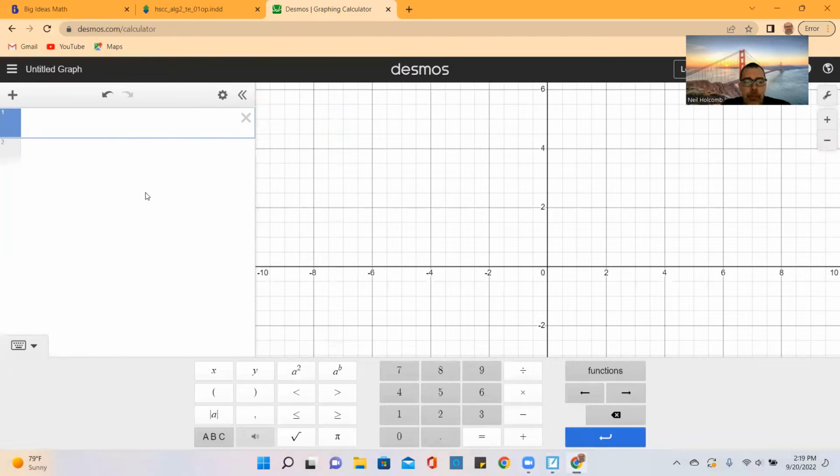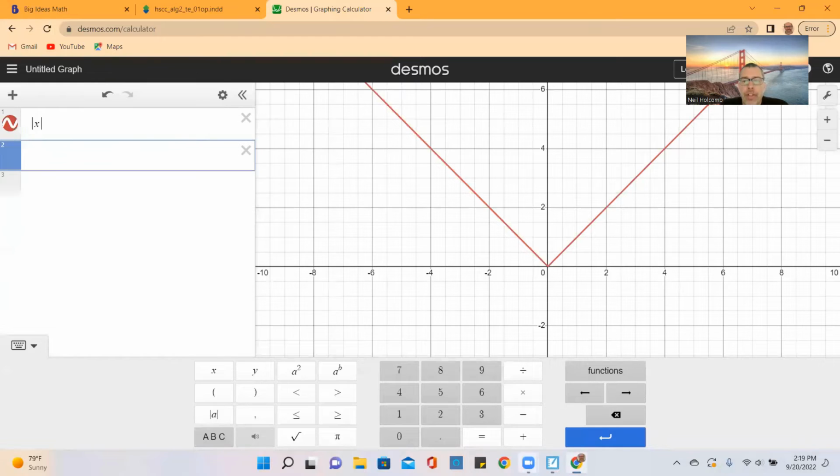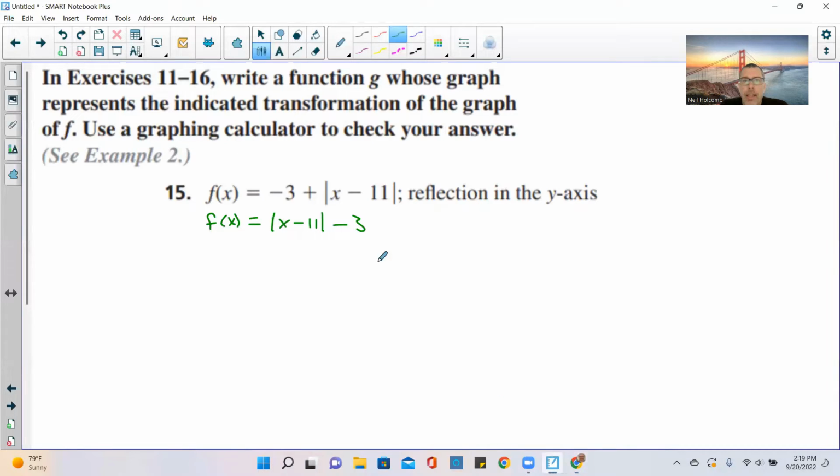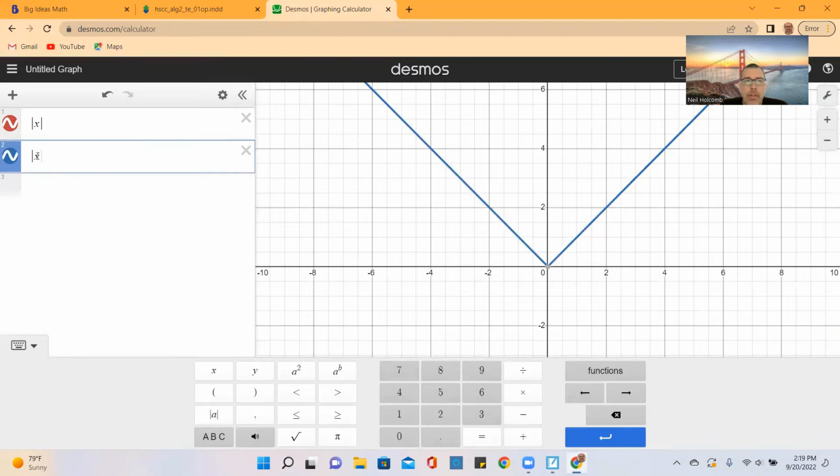So if I go back to Desmos, I'm going to graph the absolute value of x. That's the original parent function. And then we're going to graph the absolute value of x minus 11 minus 3. So it's going to be minus 11 inside, which is shifting it right 11. And then minus 3 outside would shift it down 3.